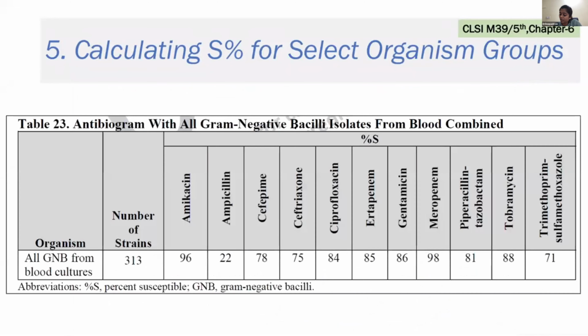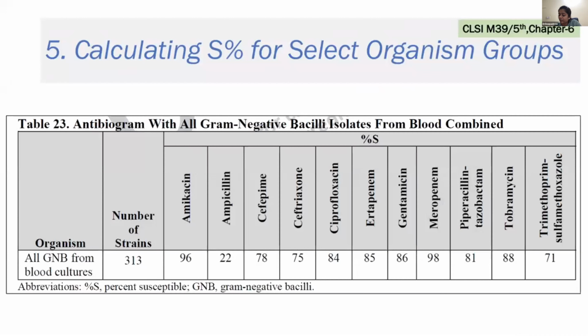So this is the picture. You can see here all GNB for blood culture. We have seen the example for piperacillin tazobactam in GNBs. Likewise, you calculate for all the primary agents chosen for treatment in your healthcare setting.